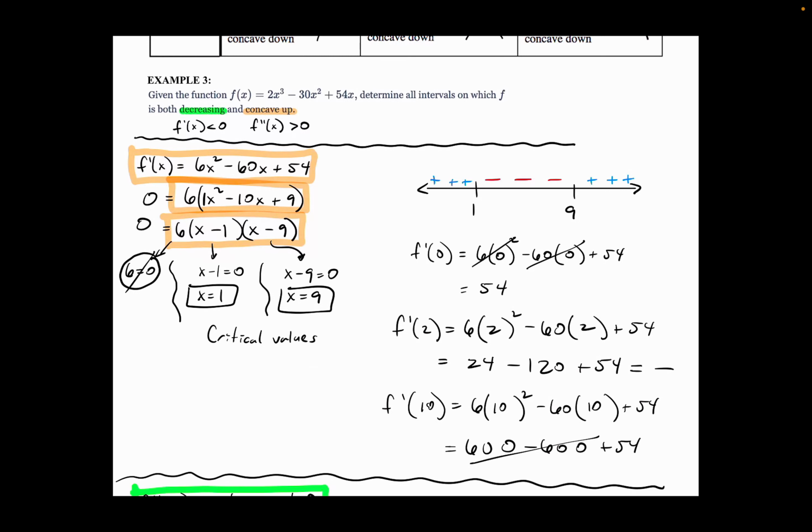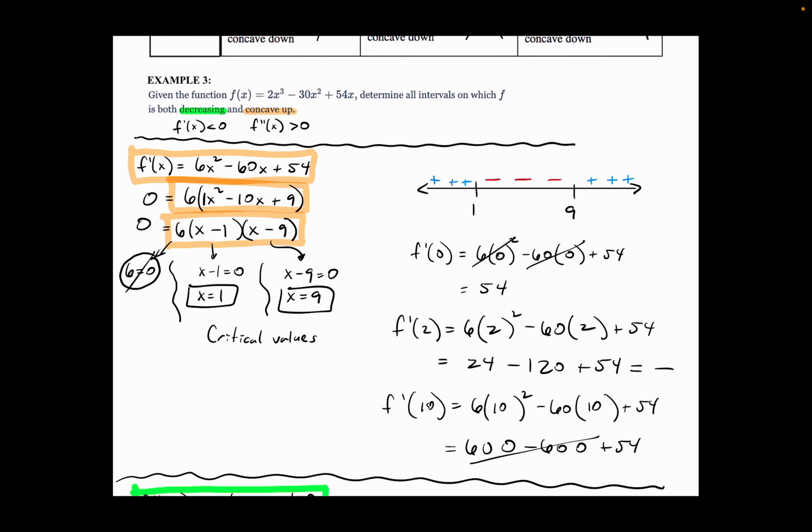So where would it be both negative and positive? Let me put it on the board here. Sometimes it's hard to visualize because you're trying to move things with your mind, and spatial thinking is one of the hardest things to do. So here we had negative. Here we had positive, positive.